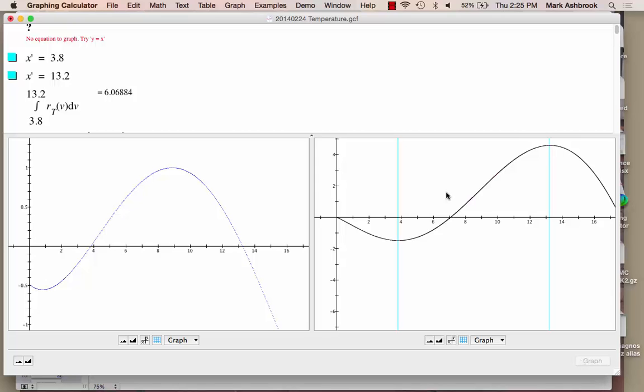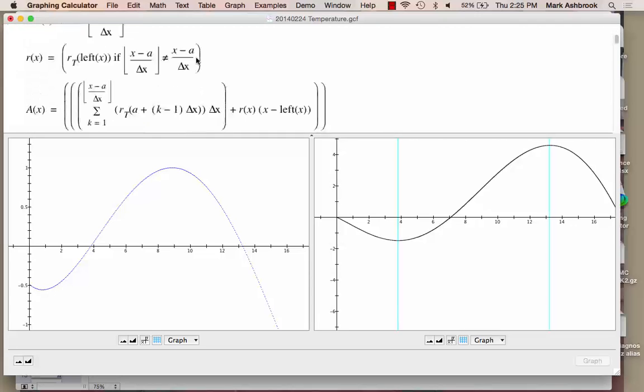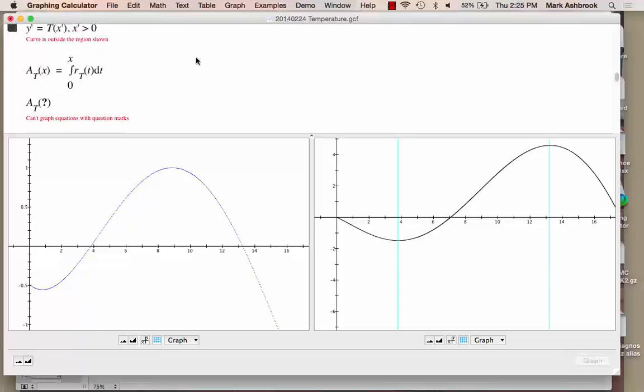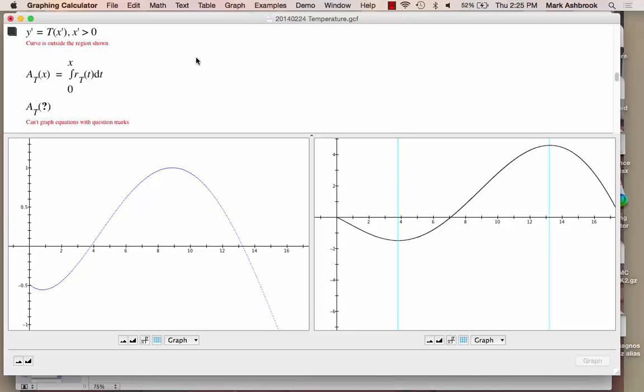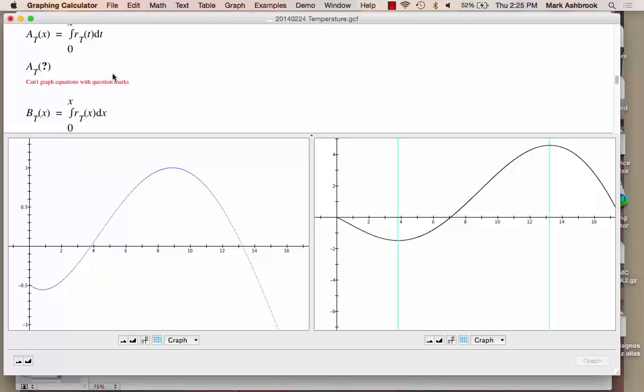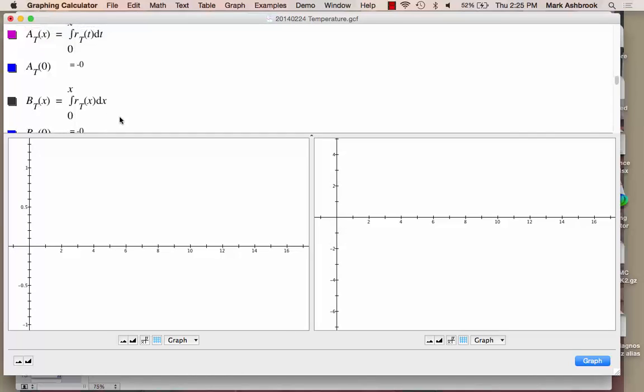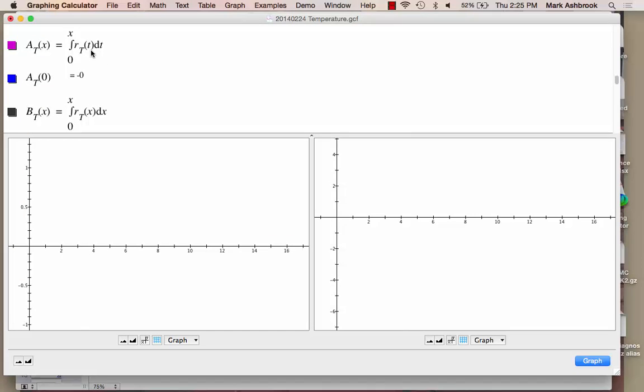So we talked about using a different symbol. Here I'm using t.